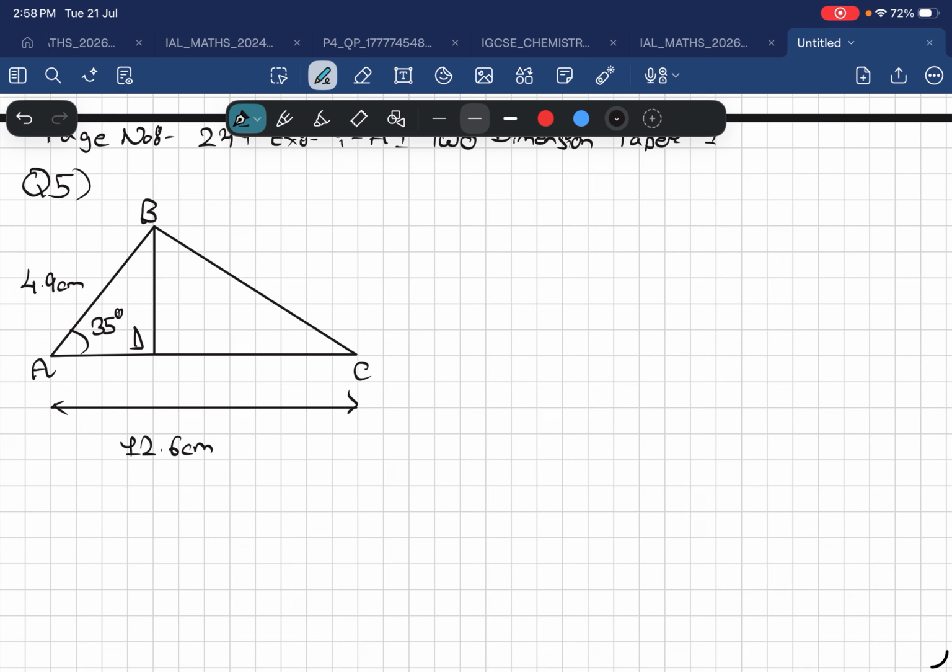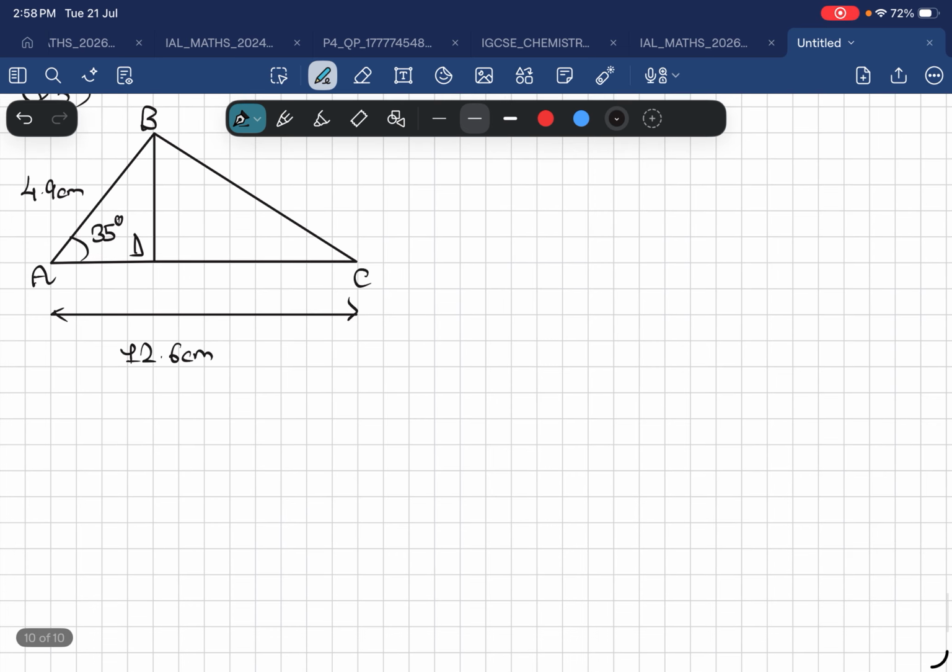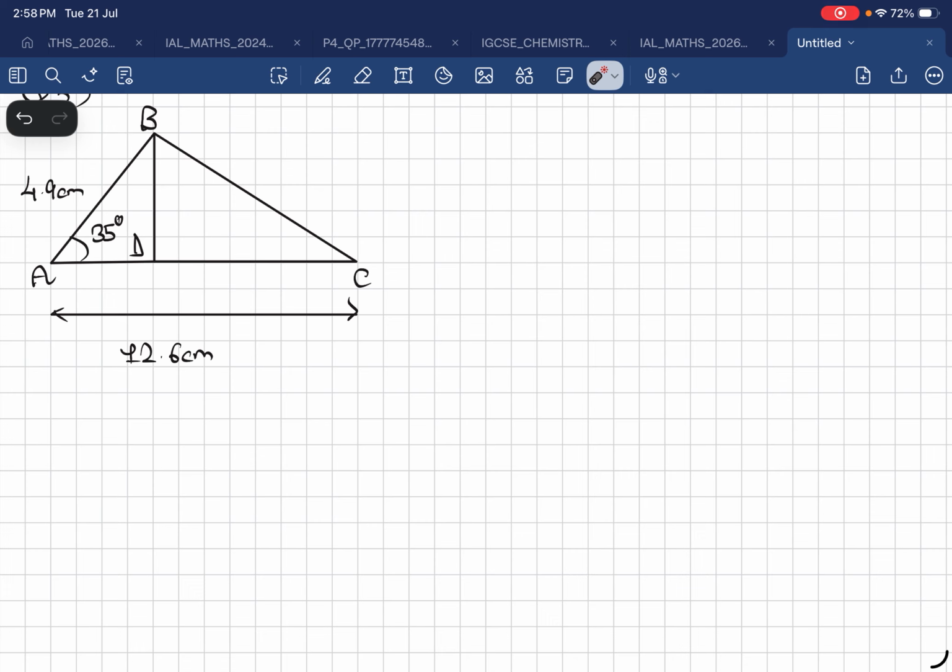Okay. So in the question, they said in the triangle ABC, AC is equal to 12.6 centimeter, AB is equal to 4.9 centimeter, and angle BAD, I'm talking about this angle.